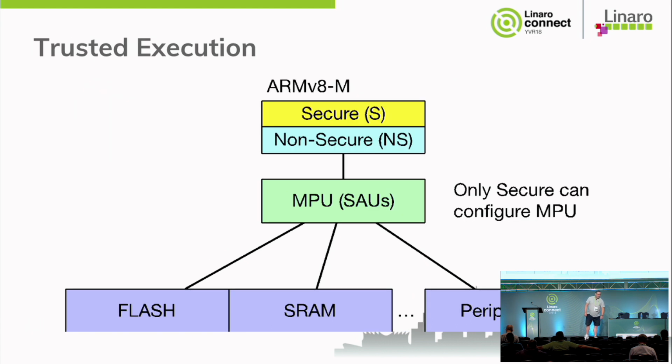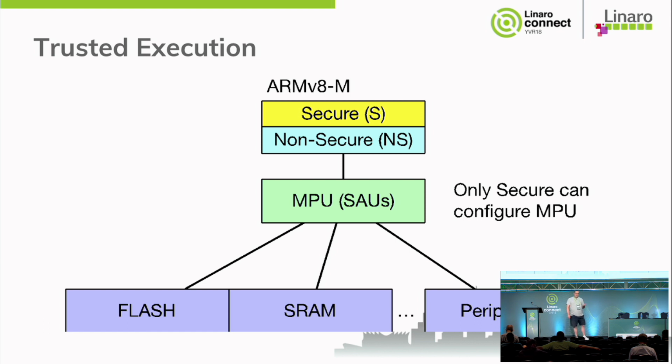So the other place that we have the need for two images is a trusted execution environment, V8M being what we're currently working on, where we still have a secure and a non-secure, but they are contexts within a single CPU.